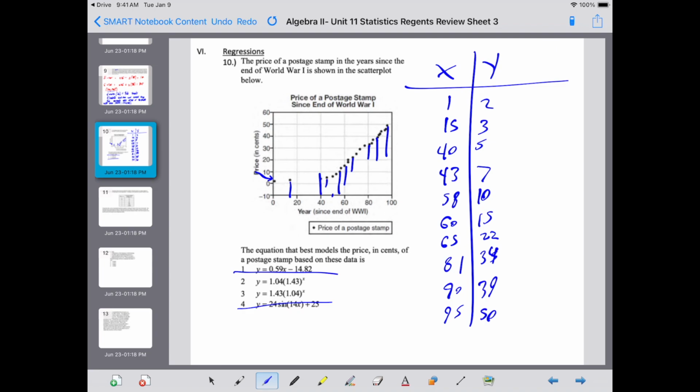So we're going to go to stat, edit, input all of our x's into L1. The more points you have, the more accurate it's going to be. Try your best not to make mistakes, right?